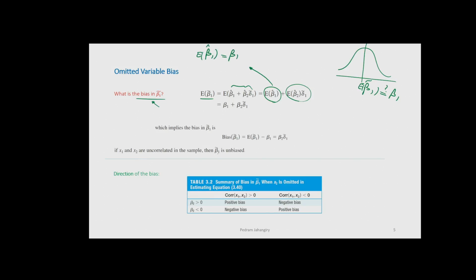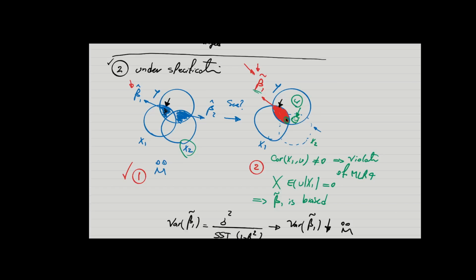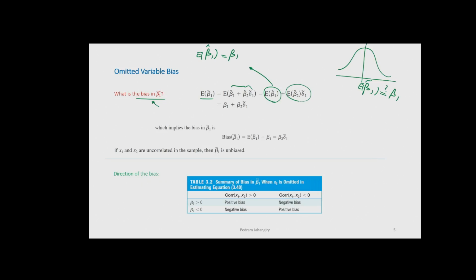How do I know that? Because going back to the whiteboard, we already talked about it. If I have x1 and x2 in the model, beta hat 1 and beta hat 2 are going to be unbiased. What does it mean? The expected value of beta hat 1 is going to be beta 1, and the expected value of beta hat 2 is going to be beta 2.